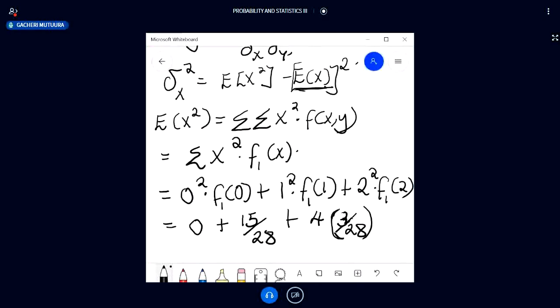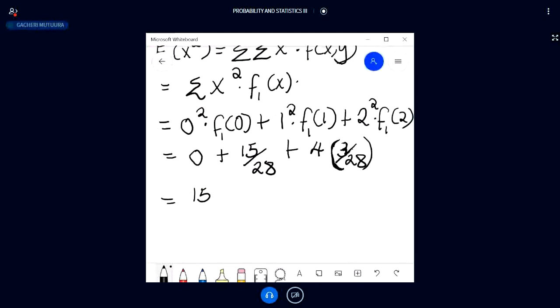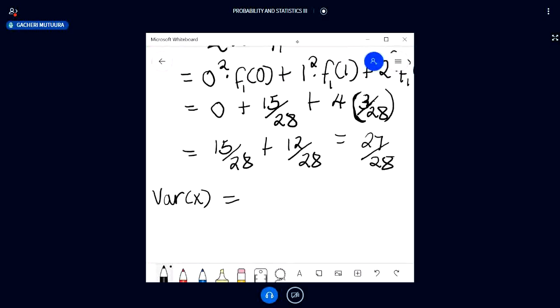So this is 15 over 28 plus 12 over 28, which is equals to 27 over 28, meaning that the variance of x will be equals now to, since we have the expected value of x squared, this is the expected value of x squared, and we had the expected value of x from the computation of the covariance.